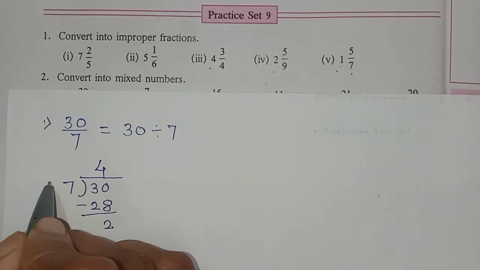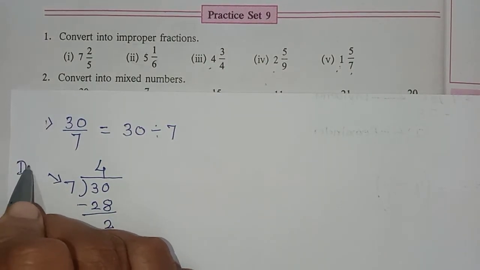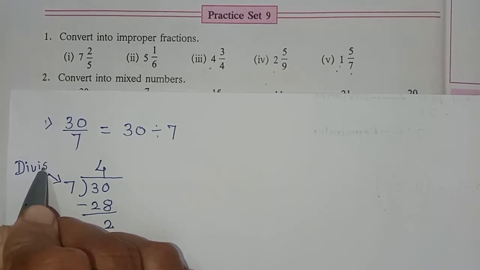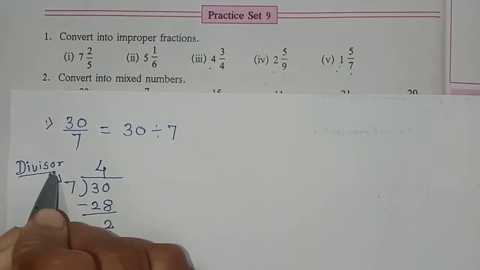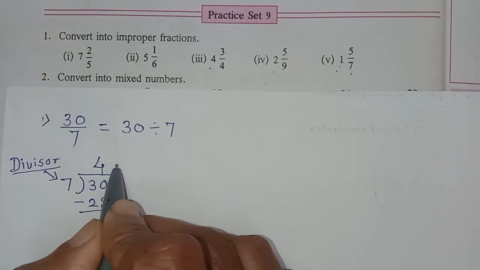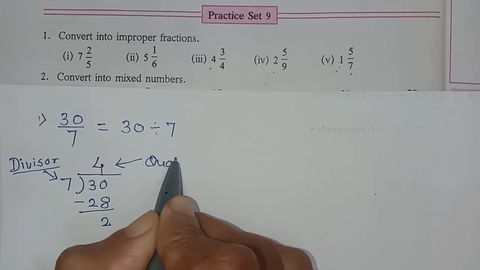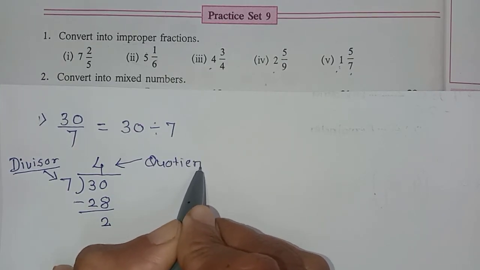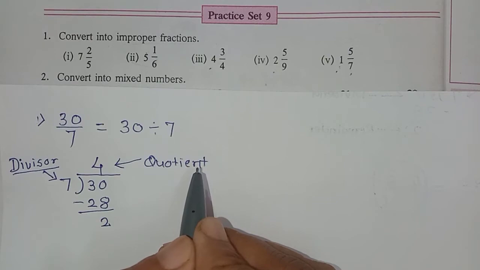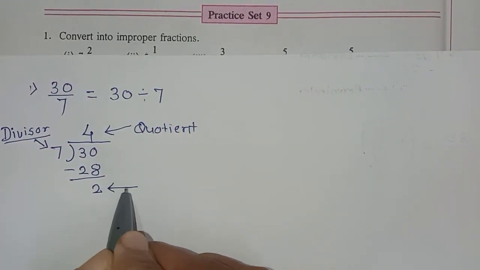Here 7 is the divisor, 4 is the quotient, and 2 is the remainder.